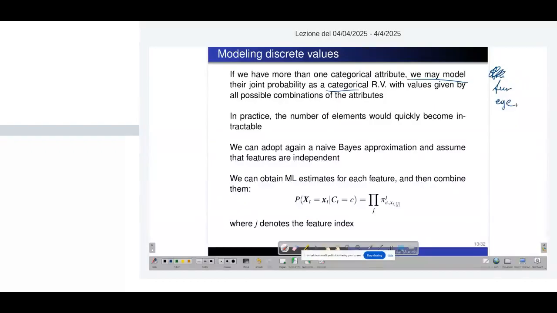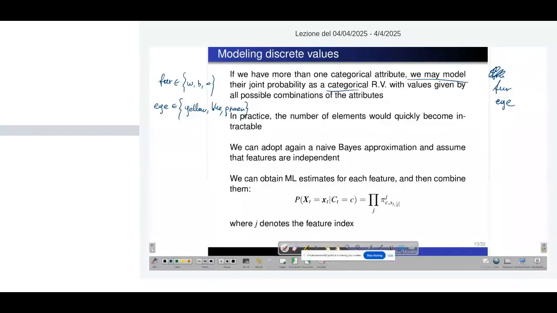It can have only a finite number of values. For the fur, we have said there will be white, blue, black, and orange. For the eye color, we may say that it's, for example, yellow, blue, and green. Let's make 3.